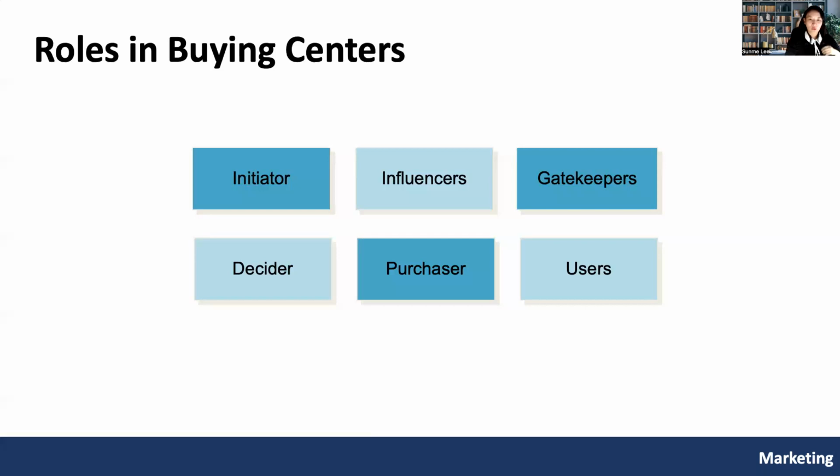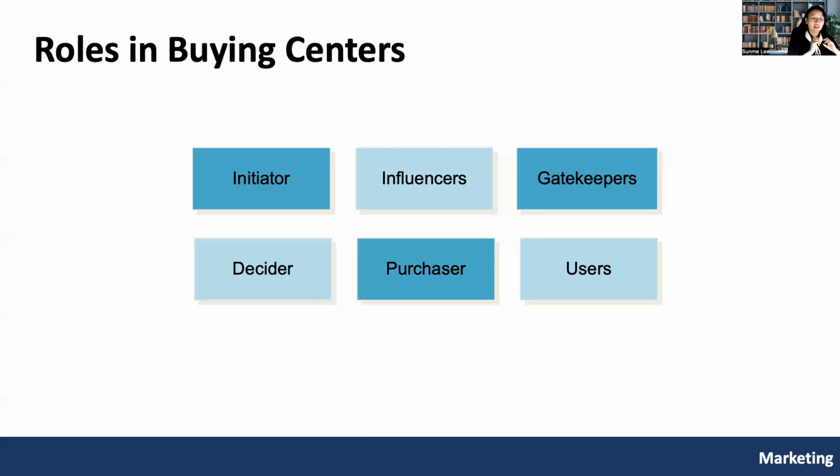If you're a person who's selling to this organization, you're going to be critically interested in the decider, who exactly is going to decide on something you're selling in the business to business context. You're going to need to understand who that is in your organization. There's a person who does the actual purchasing, and then there can be the user. So those are the different roles that you might be aware of.